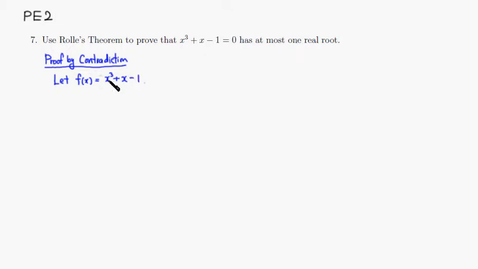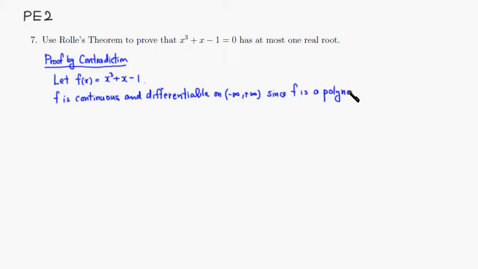We know that f is, of course, continuous everywhere, and also differentiable everywhere, on all real numbers, since f is a polynomial function.